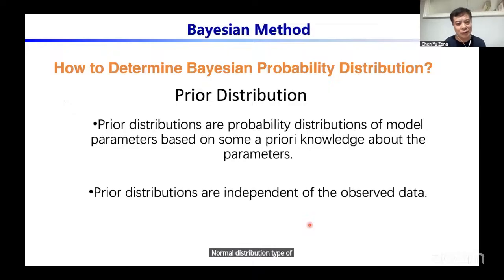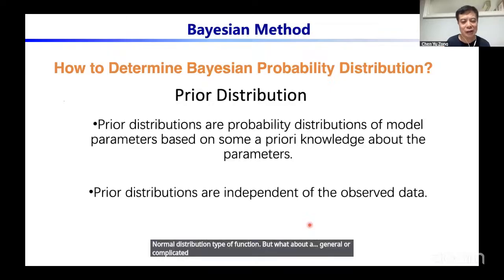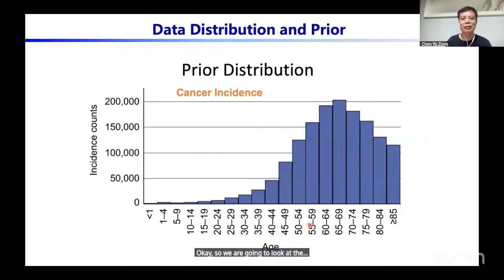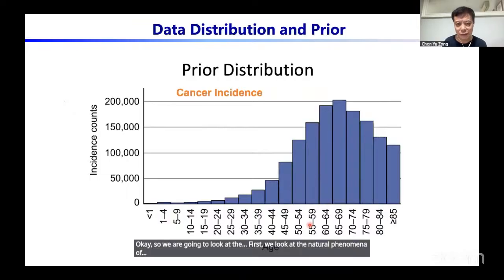But what about a general complicated distribution case? Can we generate such a probability function for us? So we are going to look at it. First, we look at the natural phenomena or human activity phenomena.